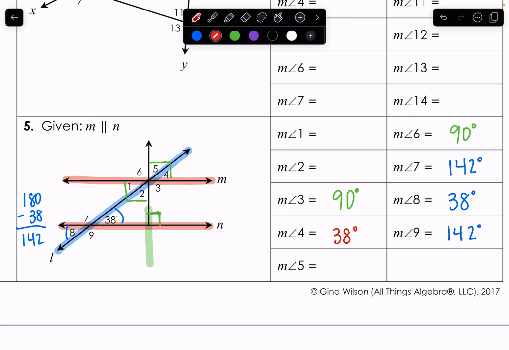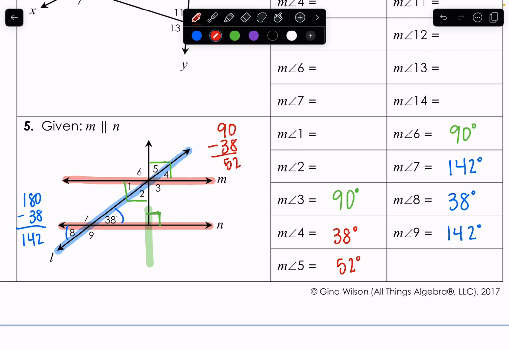Okay, so since angle 4 is 38 degrees and we knew that these two here were complementary, we can subtract. We're going to do 90 minus 38, and we get 52. So I know angle 5 is 52 degrees.